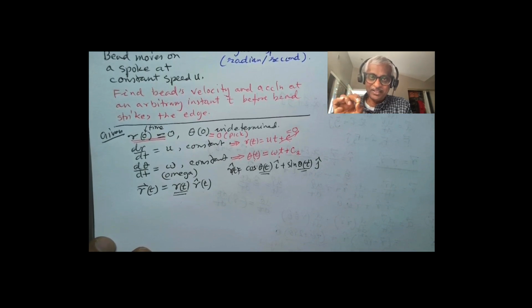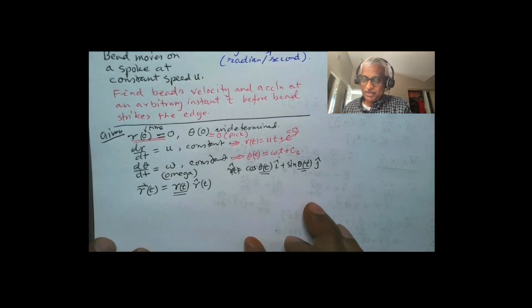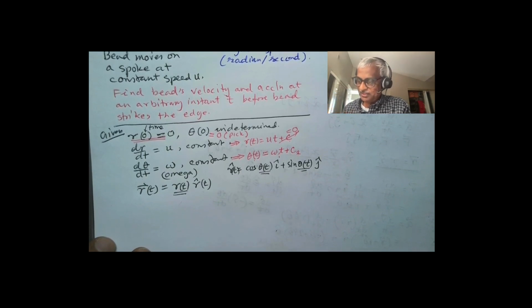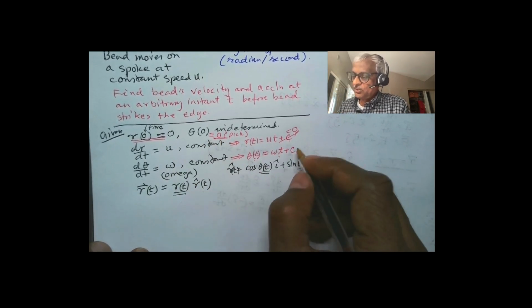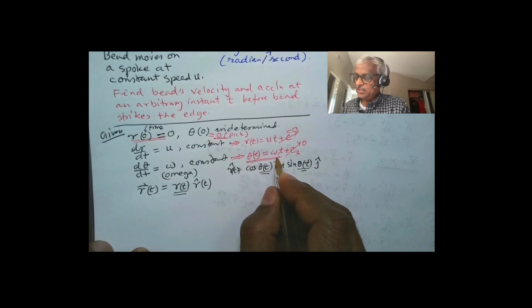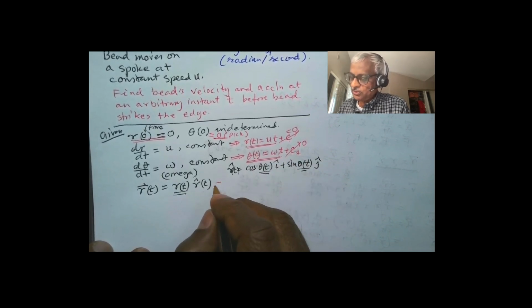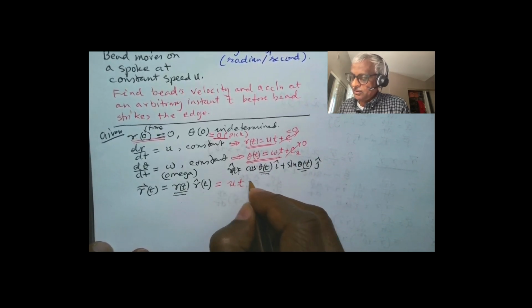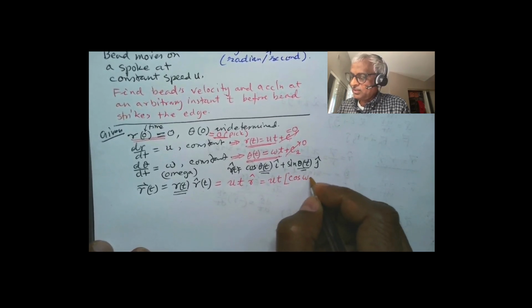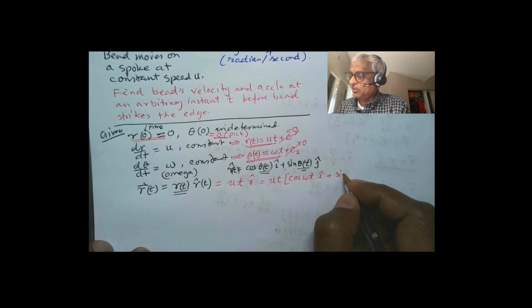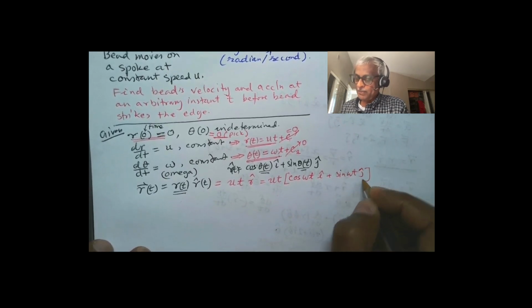That's not completely correct, but if it's a continuous function, then it can't just take off. You can make a mathematical argument to show that it will be at theta equals 0, so we can assign that for this purpose. So this will be theta of t, and so this just turns out to be ut r hat, or ut times cosine omega t i hat plus sine omega t j hat. Okay.